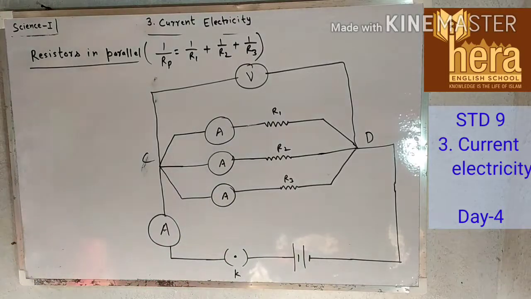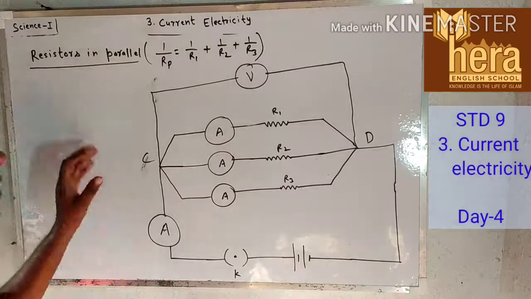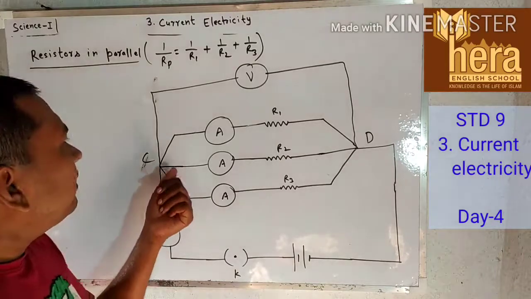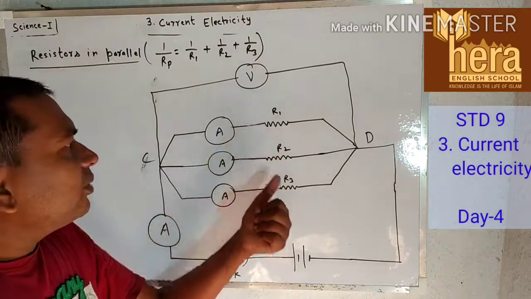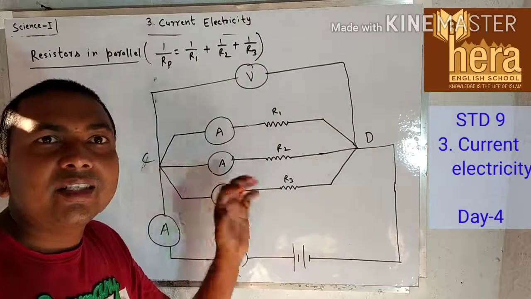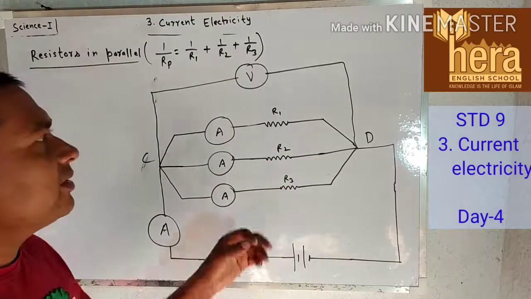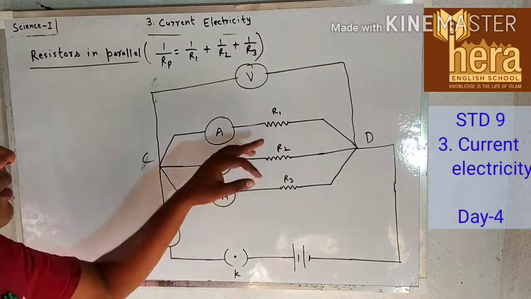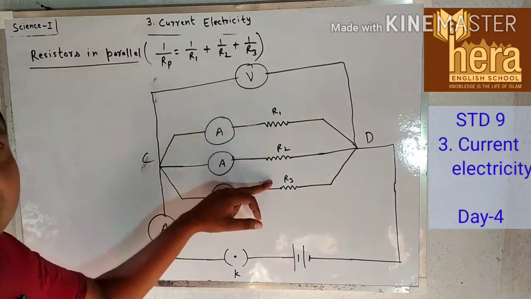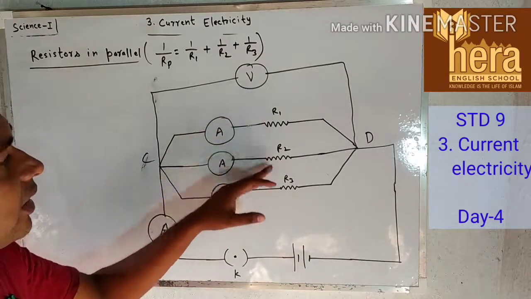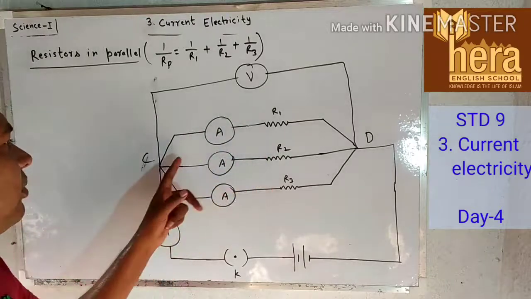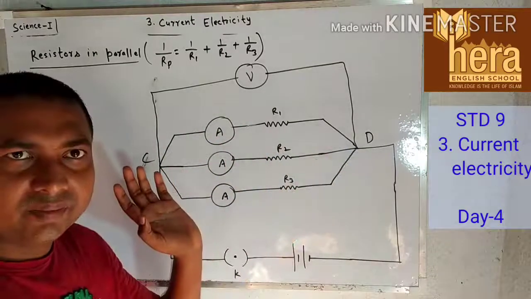Understood? So in the language you have to write, let R1, R2 and R3 be three resistors having resistance R1, R2 and R3 which are connected in parallel between points C and D.